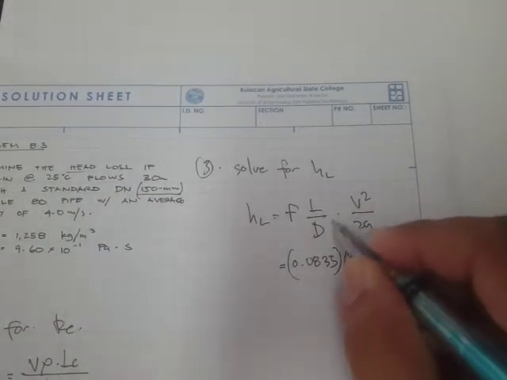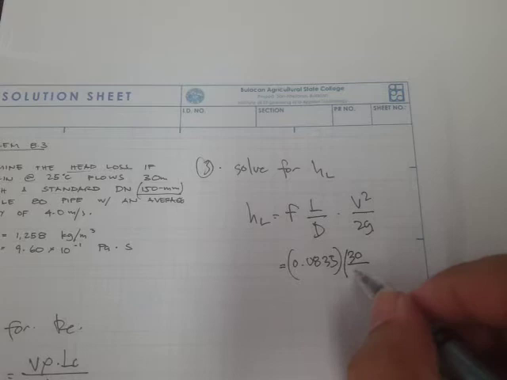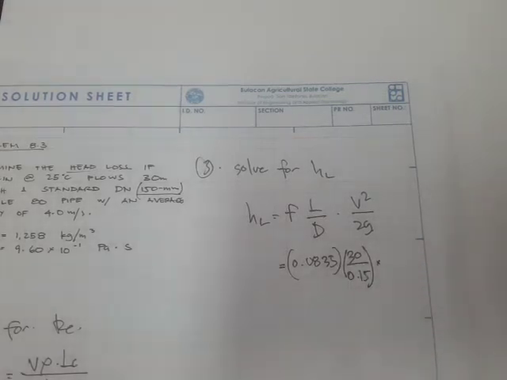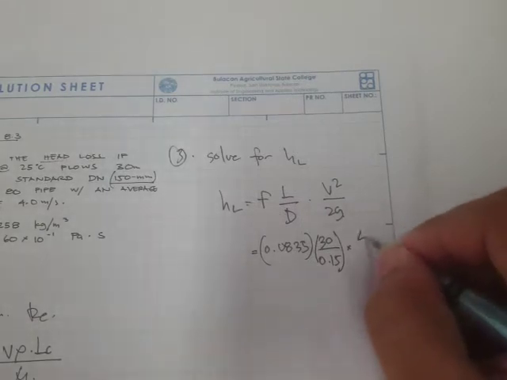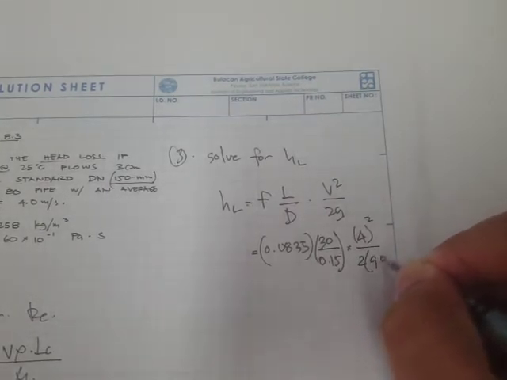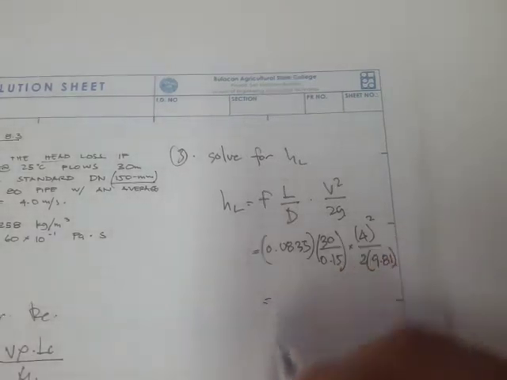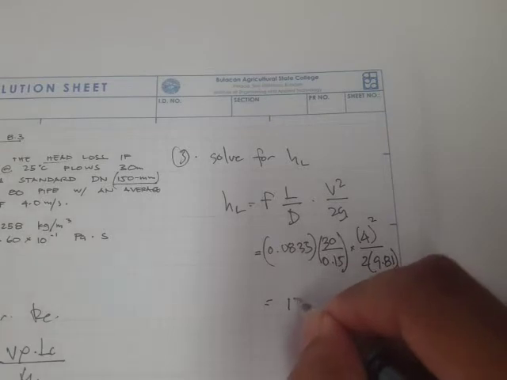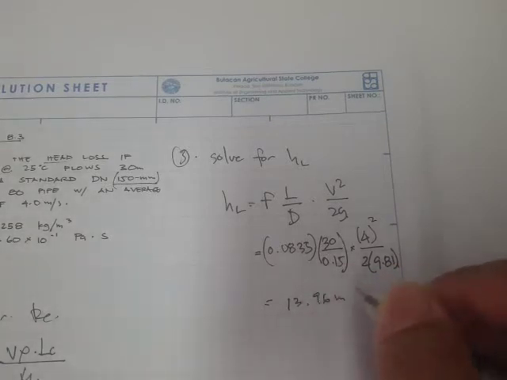So 30 meters divided by the diameter in meters, right, times the velocity, 4 meters per second squared all over 2 times the gravitational acceleration. And therefore, this will be equal to 13.96 meters.